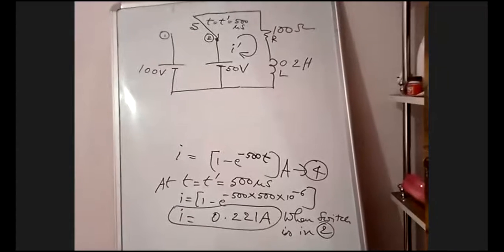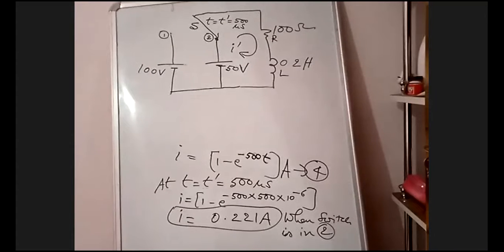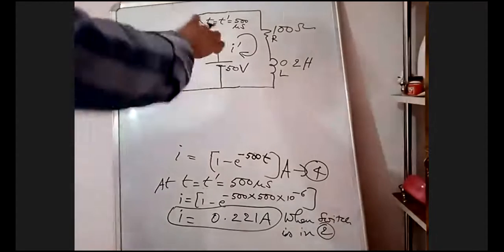Now I have to determine the current equation when switch is in position 2. Now I'll write the loop equation for this.